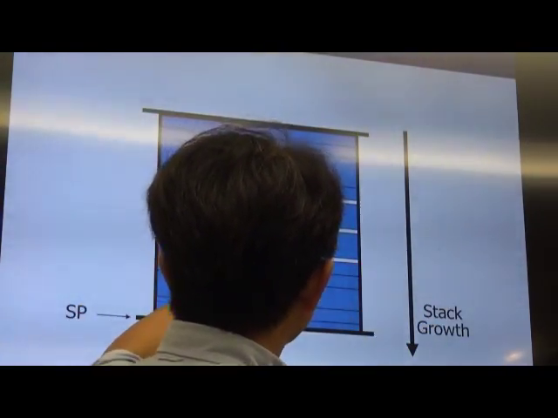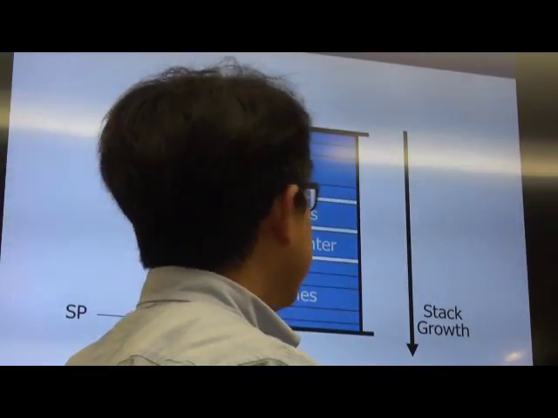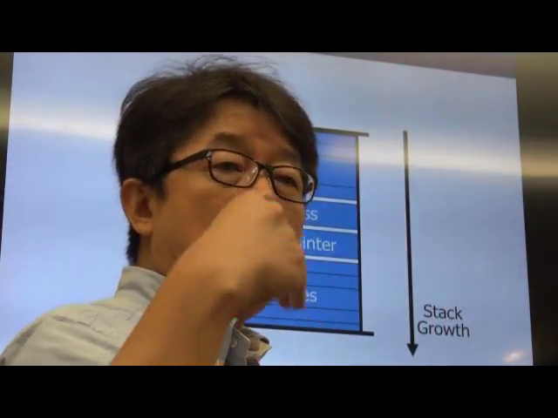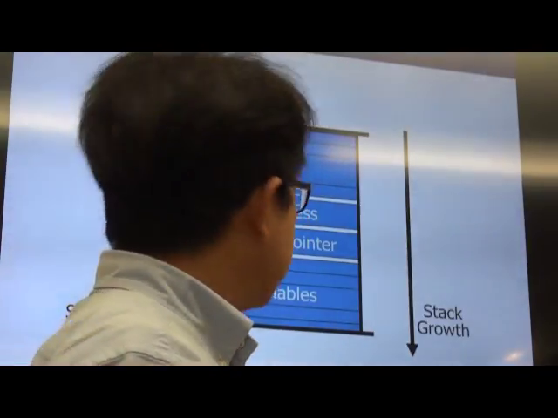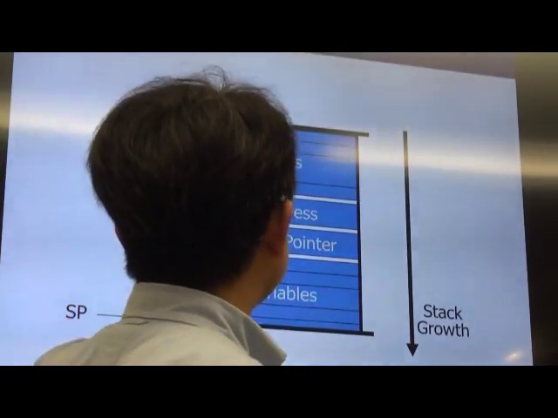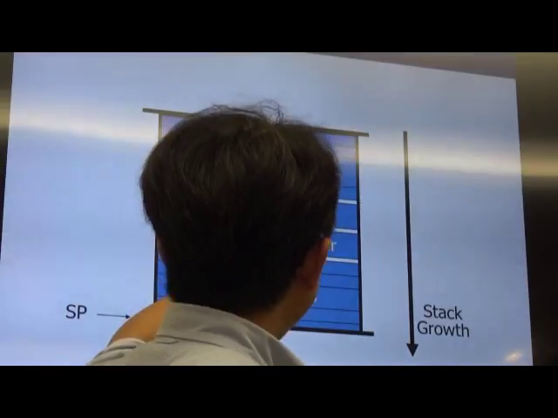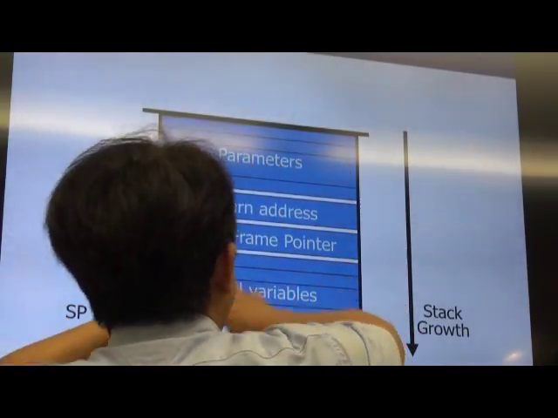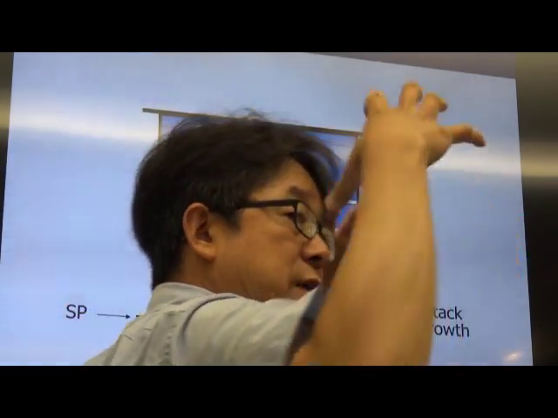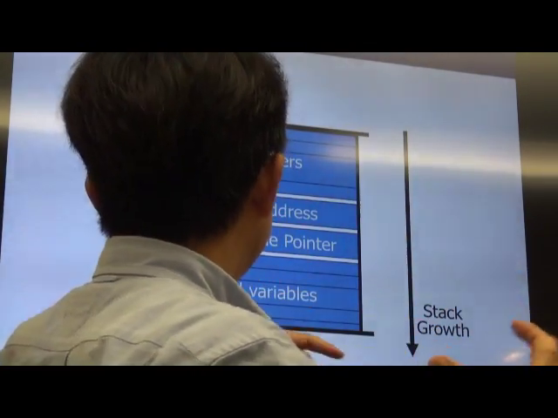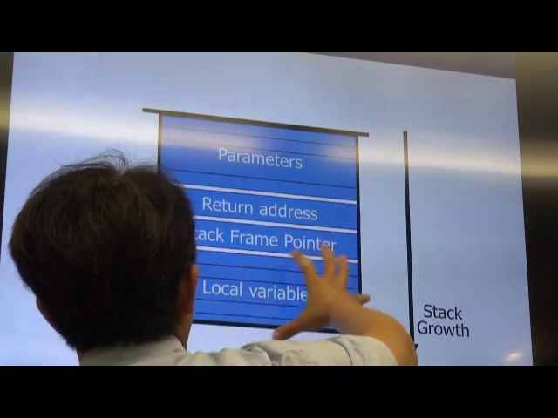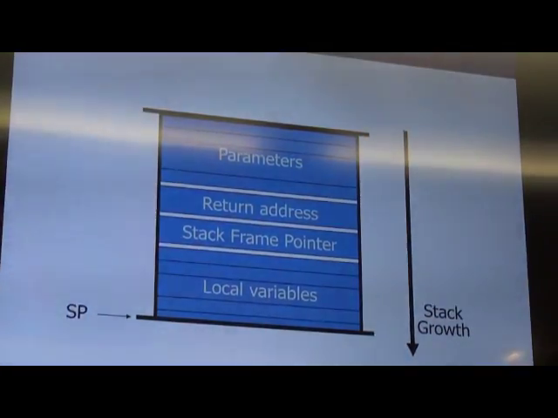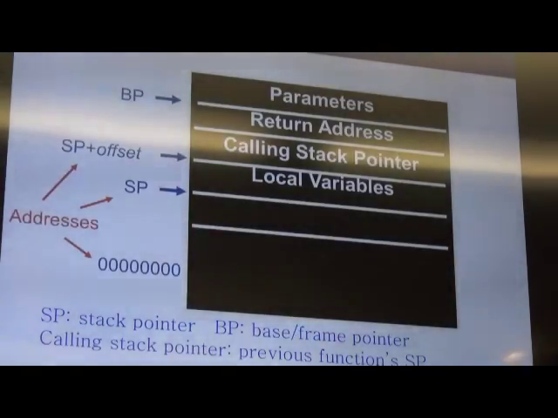Then code block here, there's one frame. And that code block can execute another code block, then one frame, another frame. Within that code block, you have local variables. So all together, for each function, that is one stack frame. So you have multiple stack frames available when the program is executed.